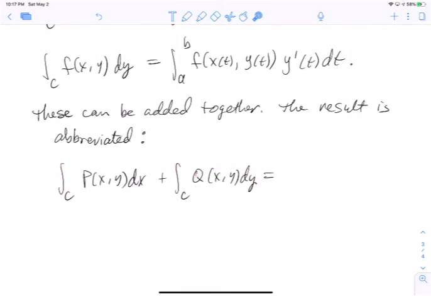Both of these are line integrals over C. Right now, just keep in mind that P is going to go with dx, Q is going to go with dy, and in what I would have thought was an abuse of notation, but I've gotten used to, is a single integral over C of P(x, y) dx + Q(x, y) dy. That's just an abbreviation for the sum of the line integral over C with respect to x and the line integral over C with respect to y.